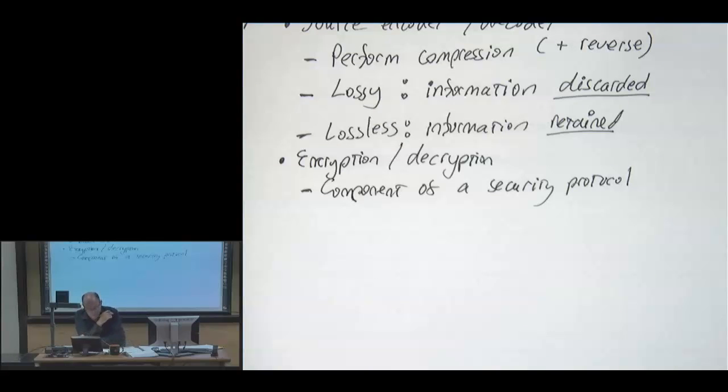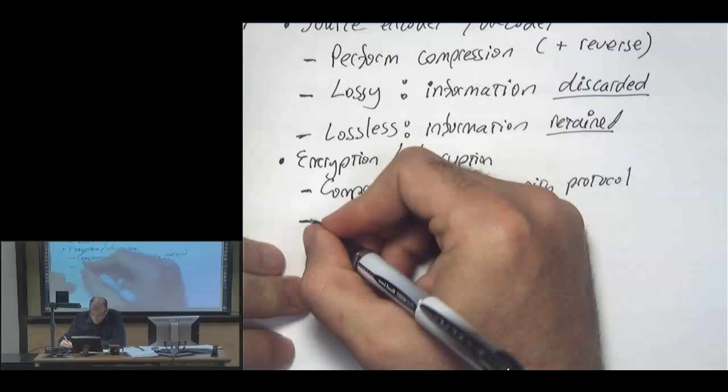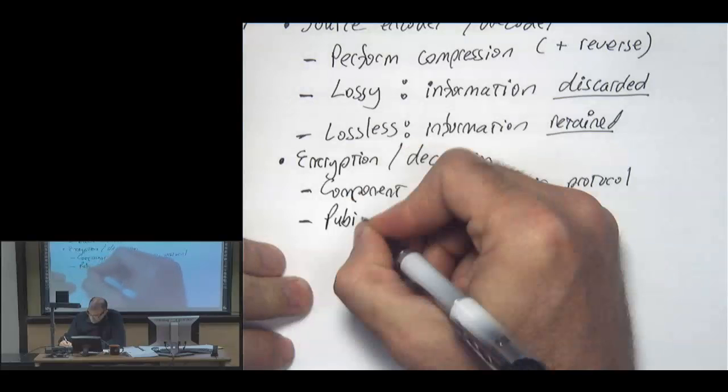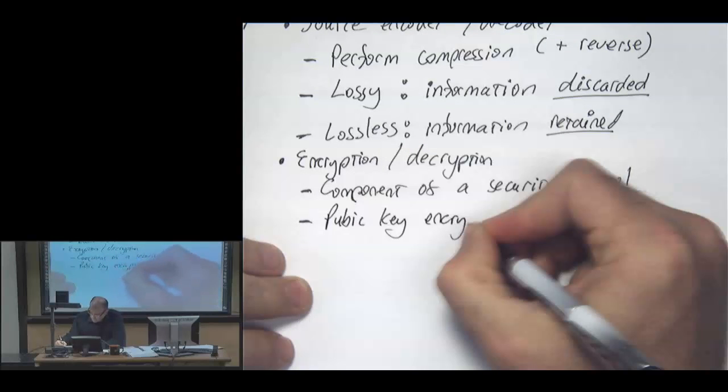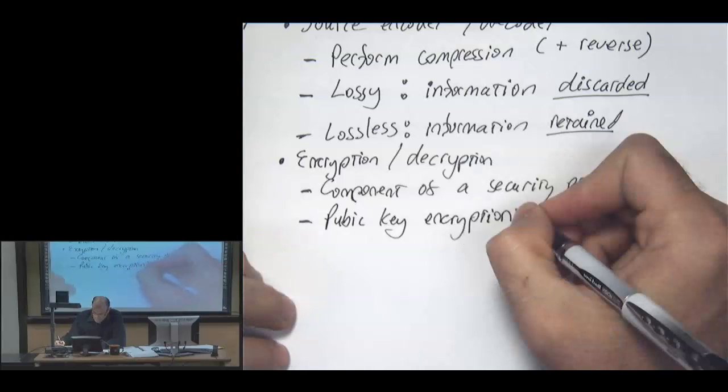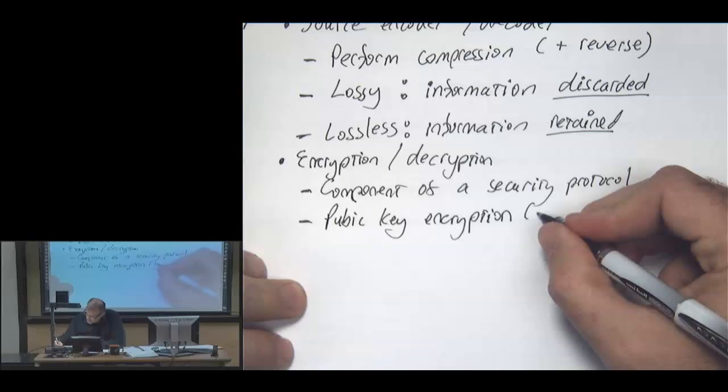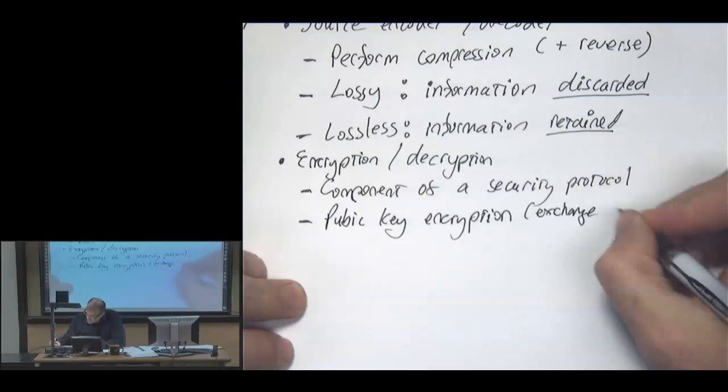We have whole classes on even just the topics of encryption. Probably the most well-known example of this, at least for me, is public key encryption. In here, you have to exchange a key.